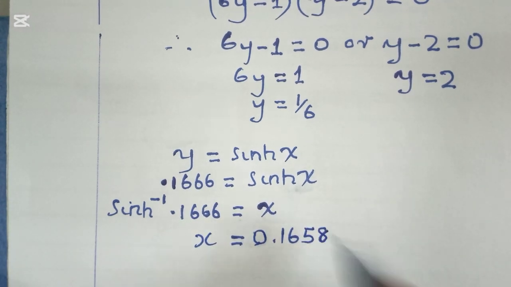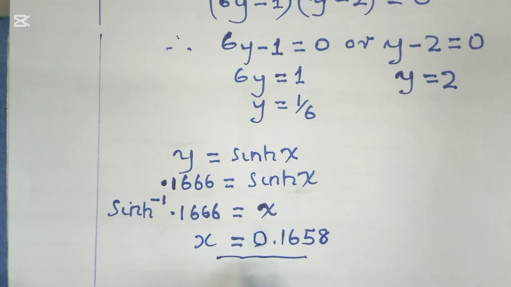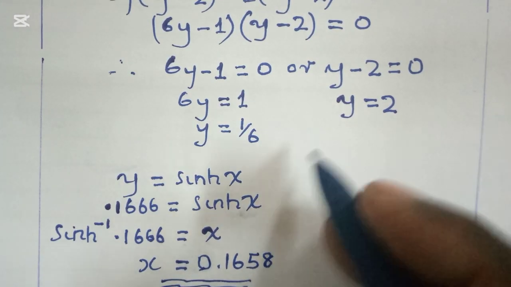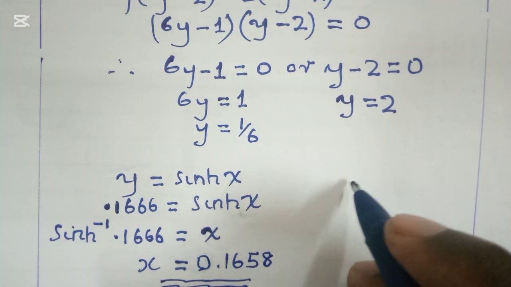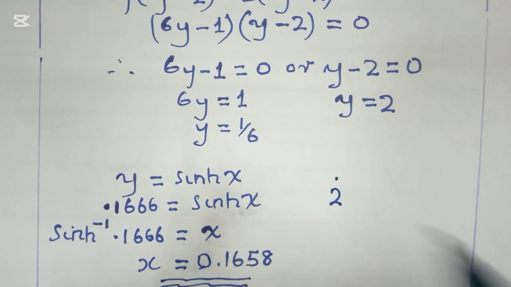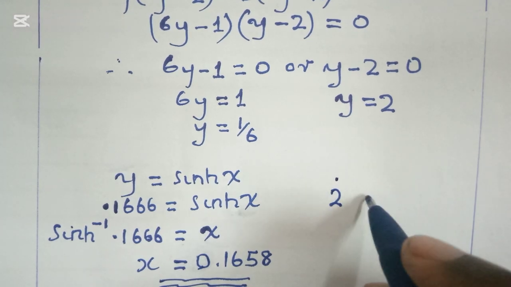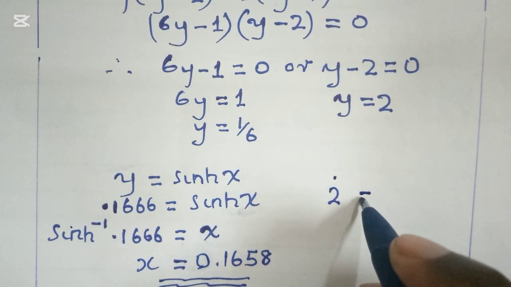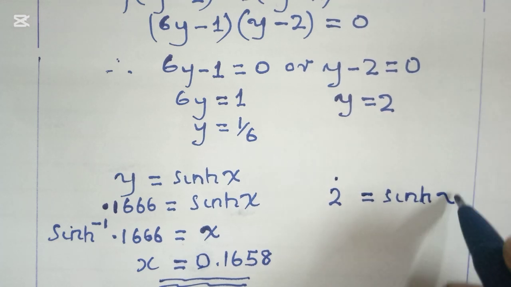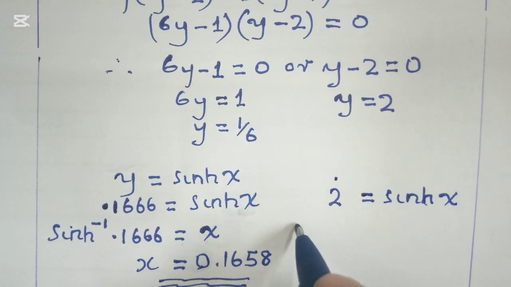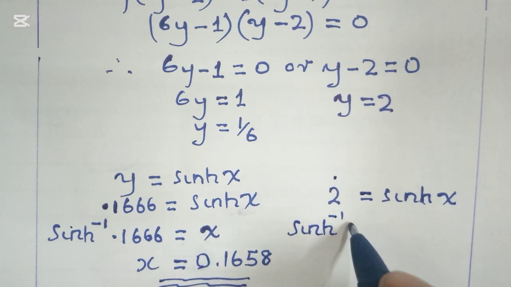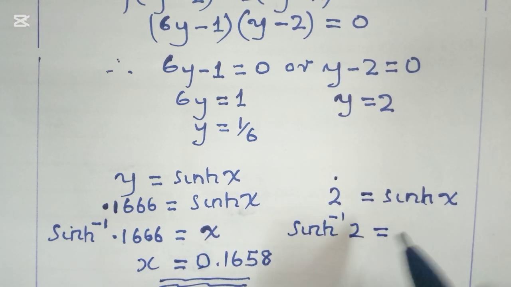So guys, that is one of our solutions. We go to this other side. We have y is 2, like that. So this one gives us sine hyperbolic x, so we shall have sine hyperbolic inverse 2 is equal to x.